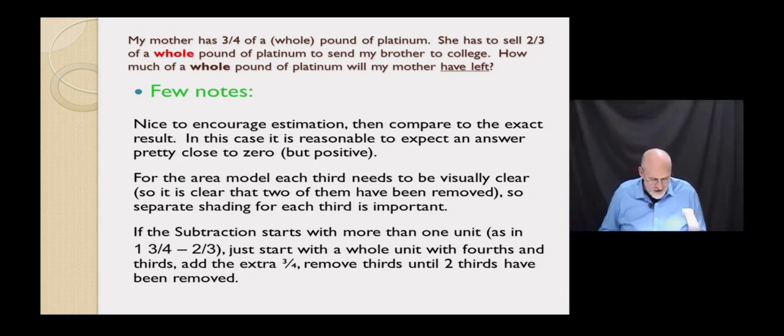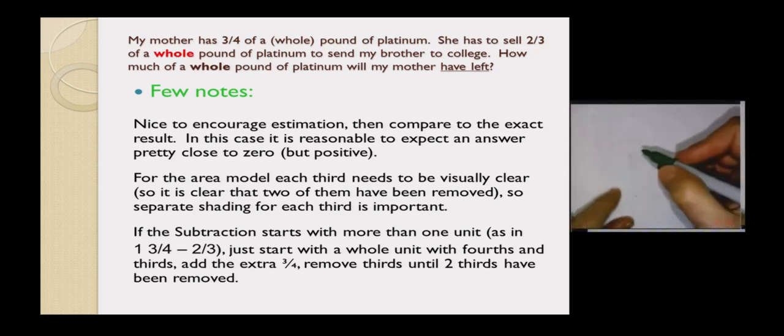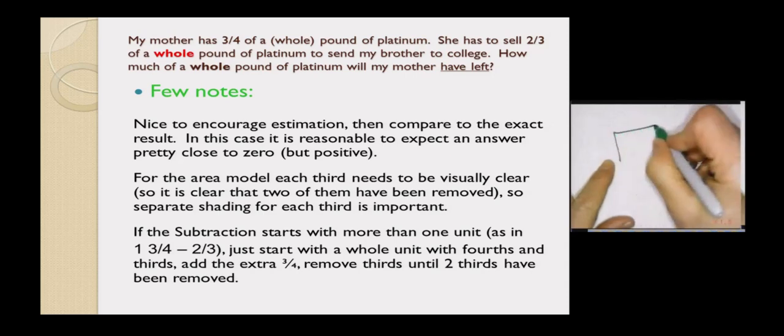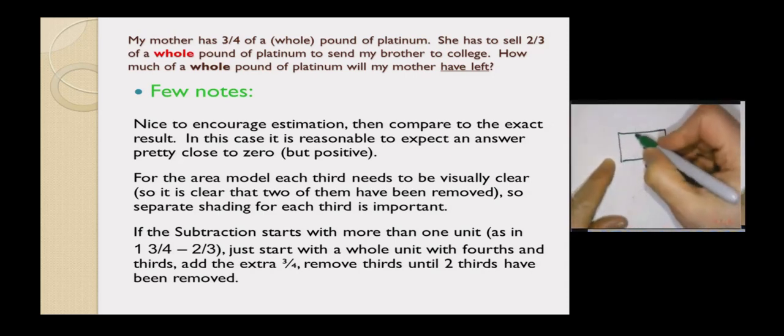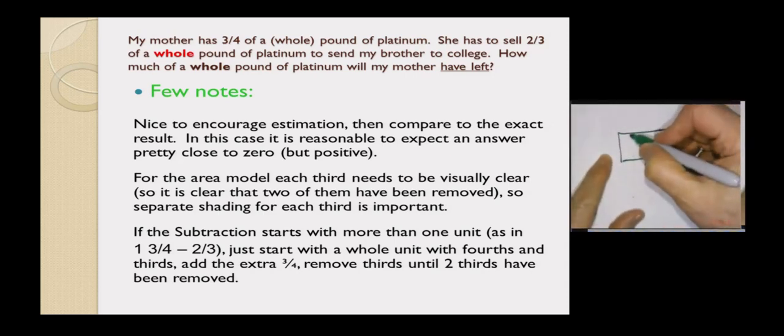Also, if the subtraction starts with more than 1 unit, suppose it was 1 and 3/4 take away 2/3. Well, you just start with 1, and we had 4ths and thirds, so we're going to do the 4ths this way.